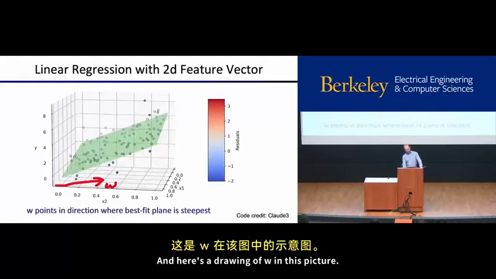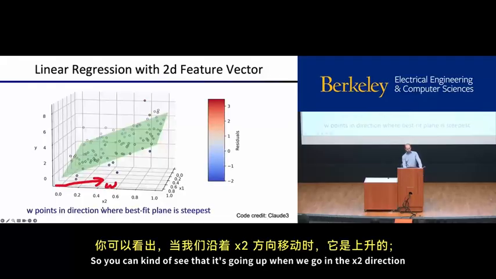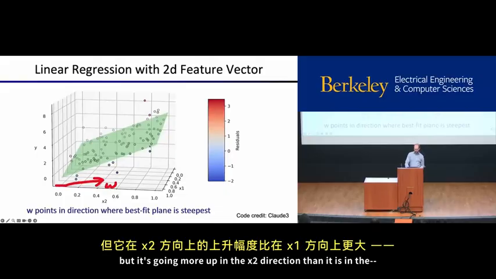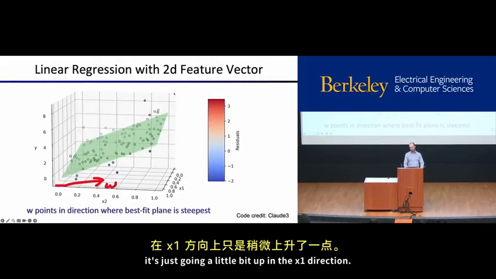And here's a drawing of W in this picture. So you can kind of see that it's going up when we go in the x2 direction, and it's also going up when you go in the x1 direction, but it's going more up in the x2 direction, and just a little bit up in the x1 direction.